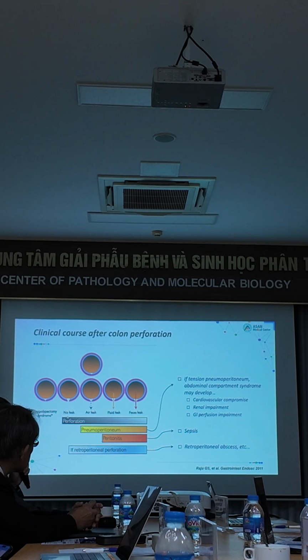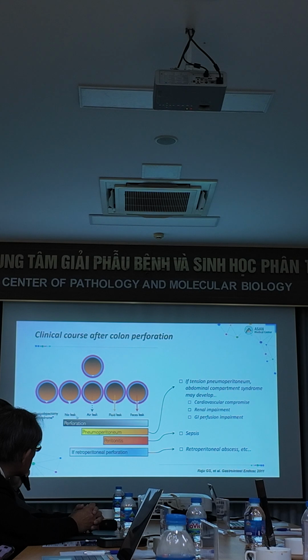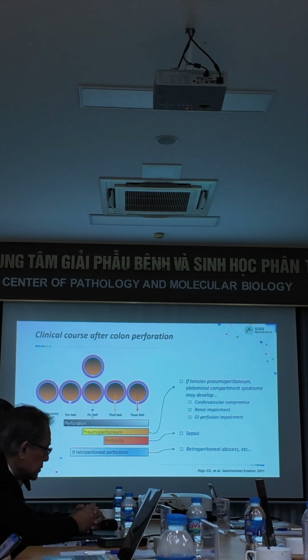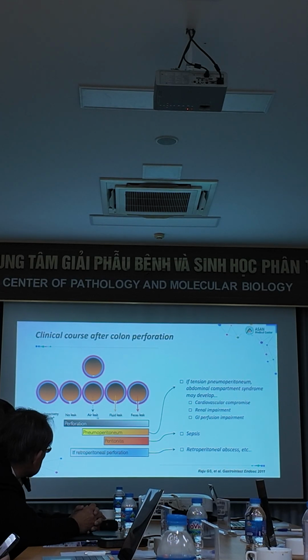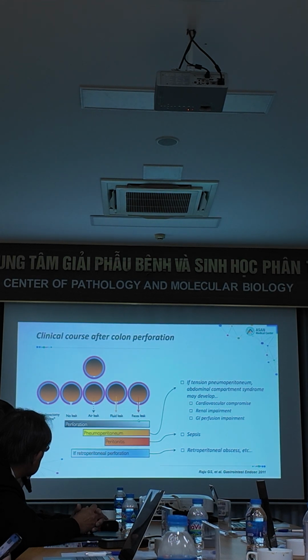There is no leakage right after the occurrence of perforation, but as time goes on, air leakage develops, followed by a fluid leak, and finally the leakage of fecal material.